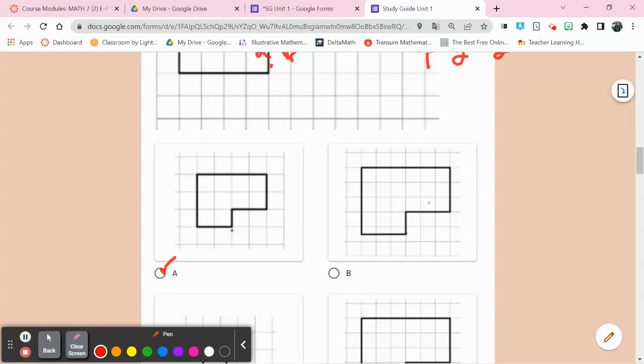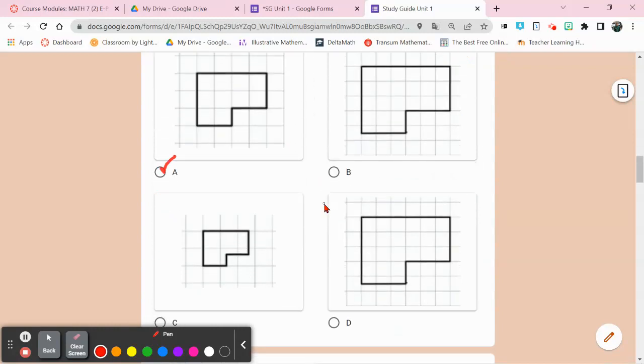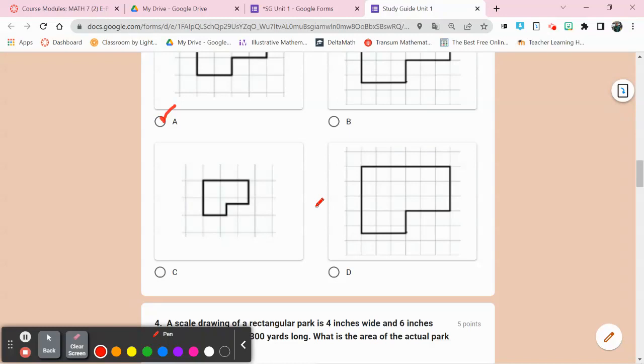This one, 1, 2, 3. Nope. And it's more than one down. That is not a scaled copy with a half of a scale factor. This one is not 2, and it is not 1. This one is 3 and 1. So A is our scaled copy. Make sure you check these on the test. They will not be the same answers.